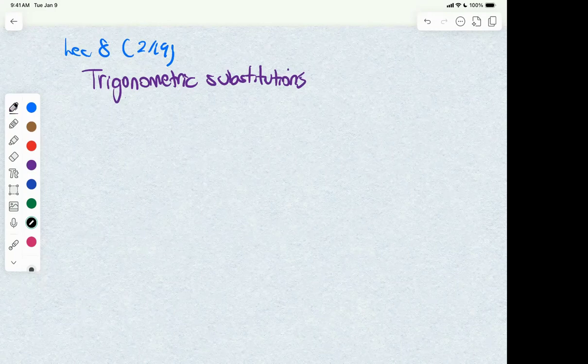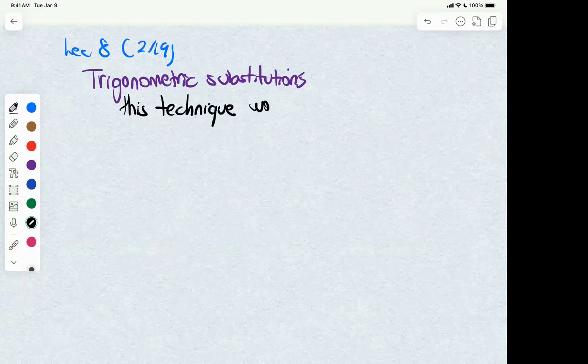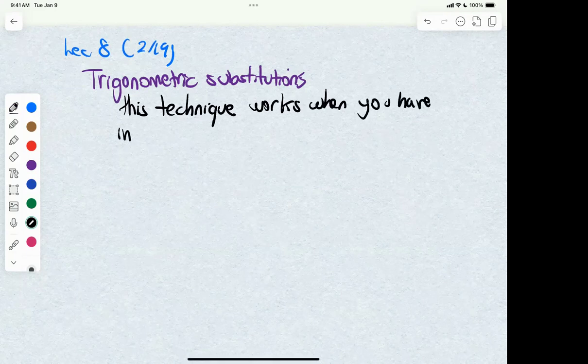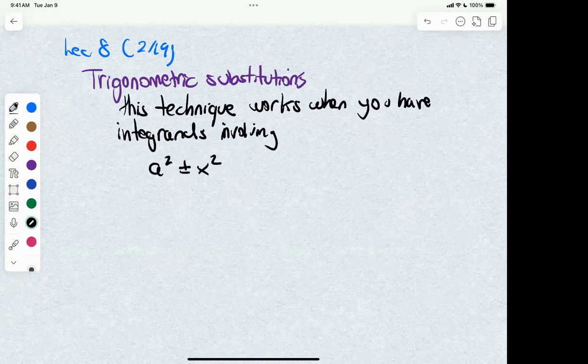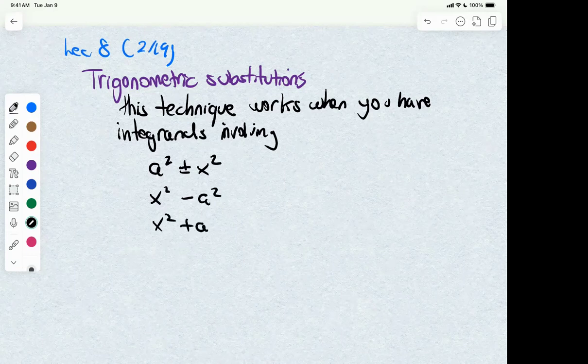This technique works when you have integrands like these. Essentially, let's put a minus here.